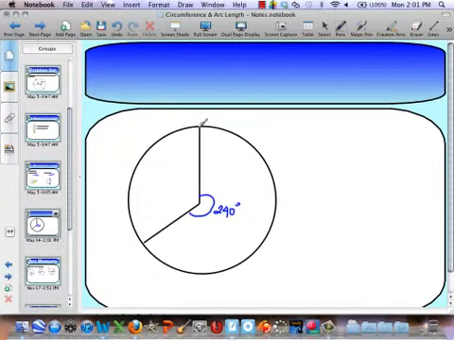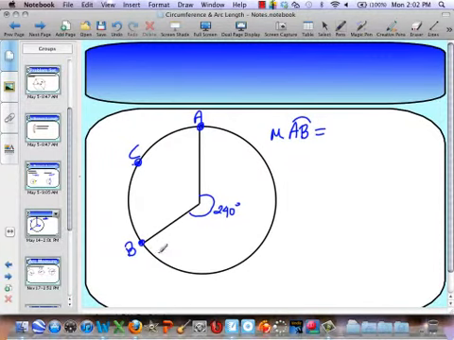What is the arc? 120. What is the measure of arc AB? Now notice how I write that out. What's the symbol for an arc? Curve. It looks like an arch. Okay, what's the measure of arc AB? 120. No.